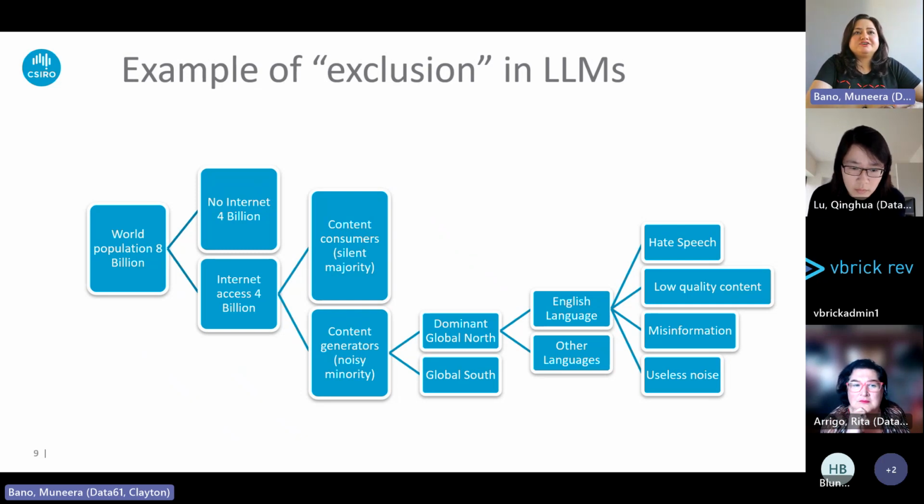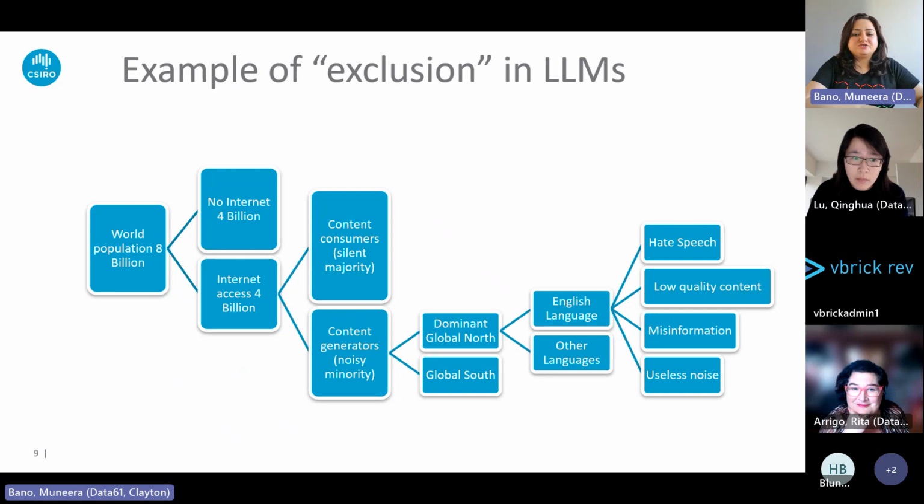So, large language models are trained on data that's come from the internet. Half of the Earth's population does not have access to the internet. Then we have a very, I would say, silent majority who are just the content consumers, and there is a noisy minority who are the content generators. Those content generators dominantly come from the global north.